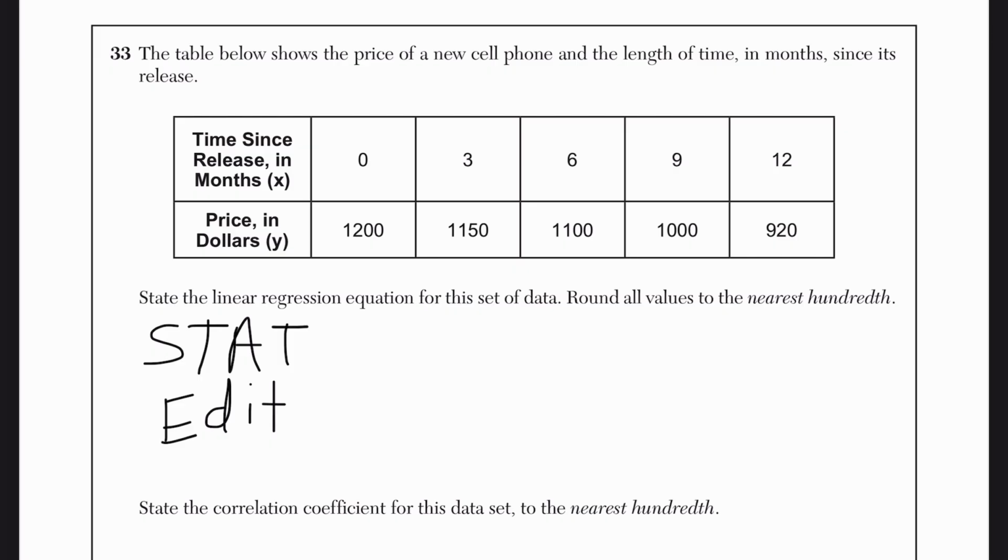Now you can go back to stat edit. You would input the data, so you're going to put the time since release in the x values, to L1, sorry, and the L2 is the price in dollars.